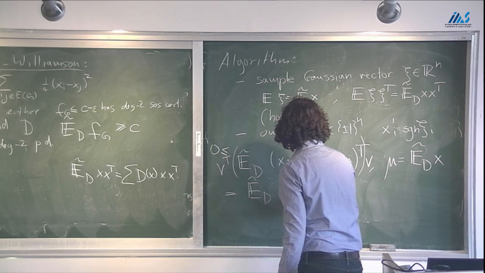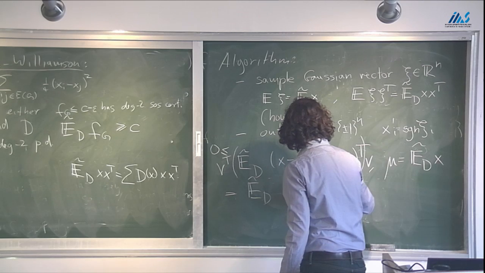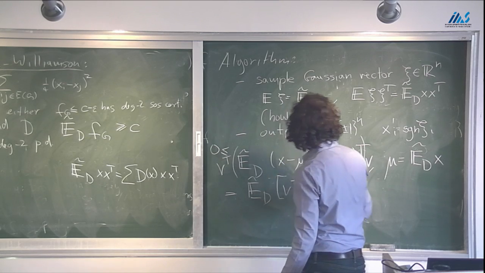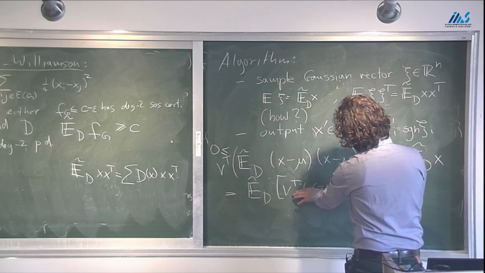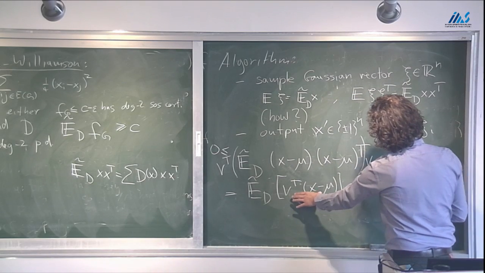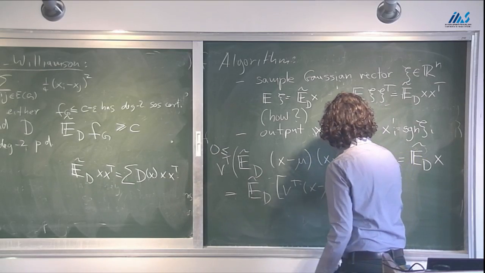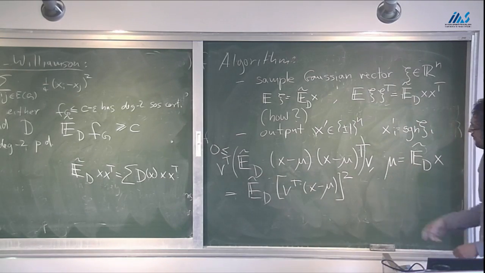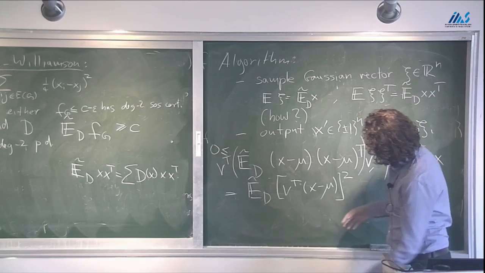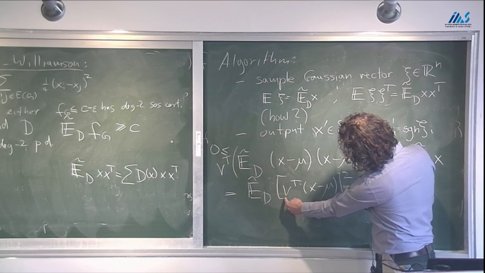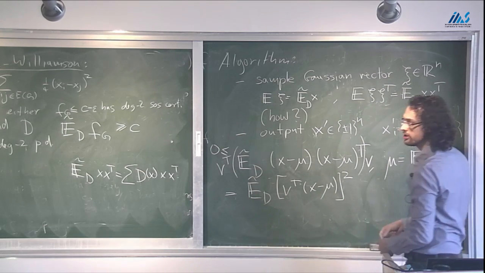So this is a linear function in x, squared. Now we have the pseudo expectation of the square of this linear function.